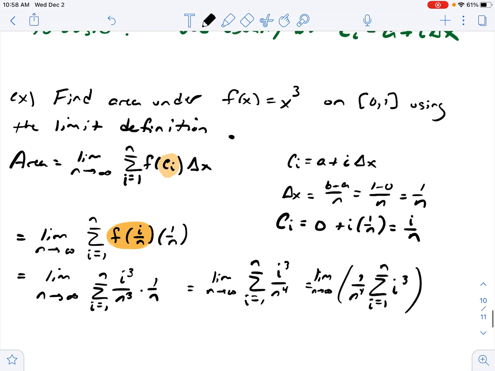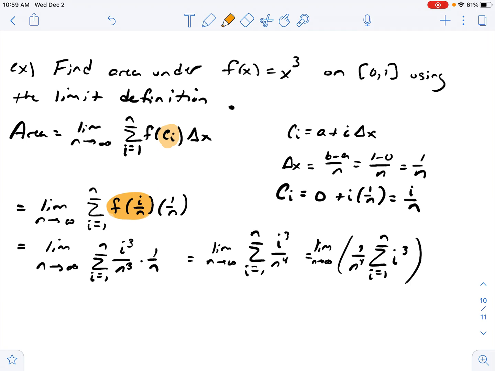And we're taking the limit as n goes to infinity of this thing. Well, now I'm going to apply my summation theorems for i cubed. So again, you're going to go and you're going to look that up.